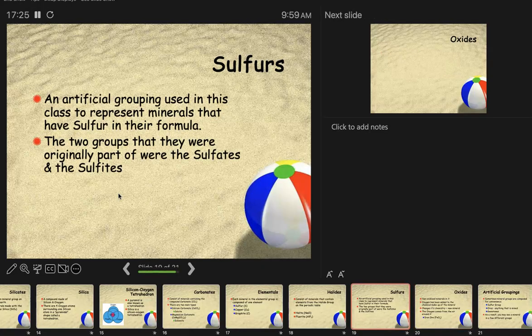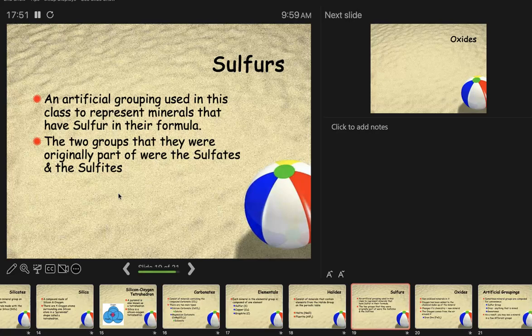The sulfur group. So I went on and on a little while ago about how we don't like these groups that just lump a whole bunch of stuff together. The ores. All right. Gemstones. You could see, just going through what we've done so far, how those groupings could be problematic. Some gemstones are just pretty quartz.